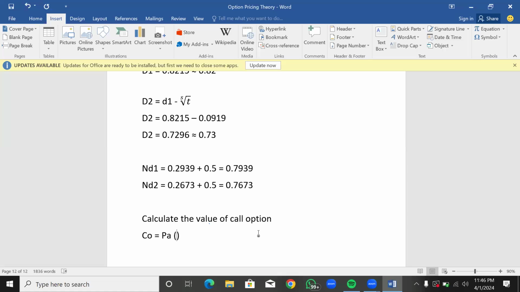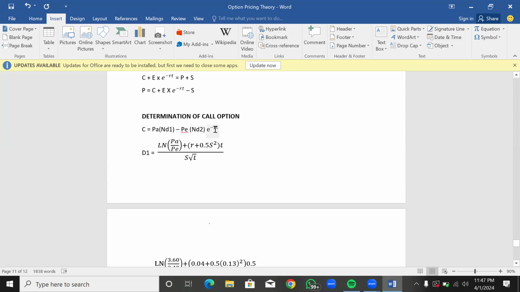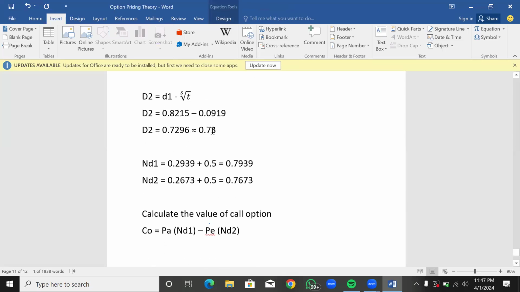PA, and D1, minus PE, bracket and D1, close bracket. With the exponentials. Like this, Abi? Yes.